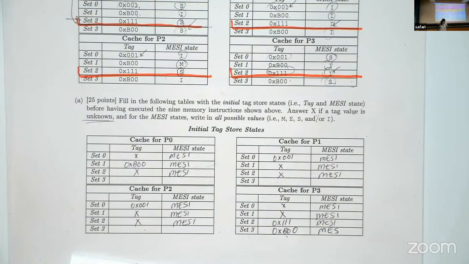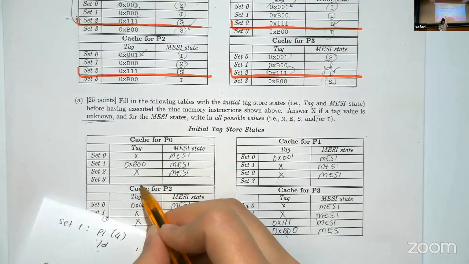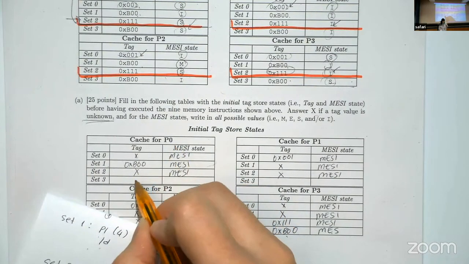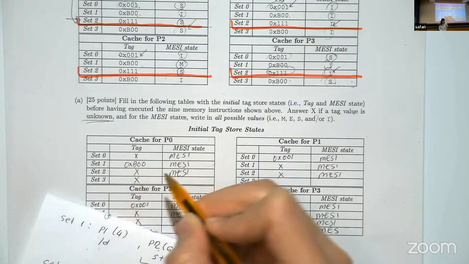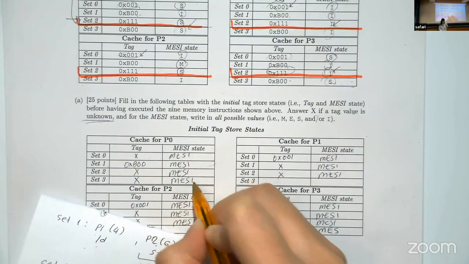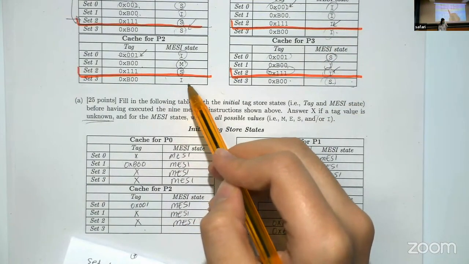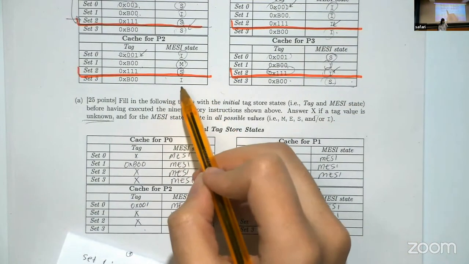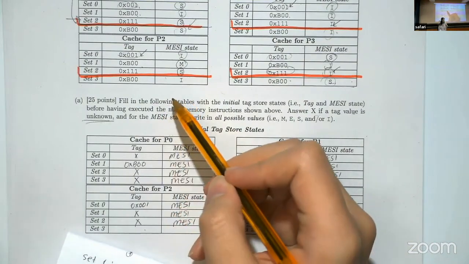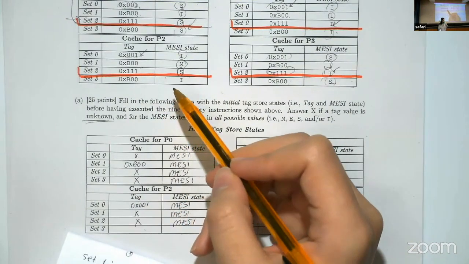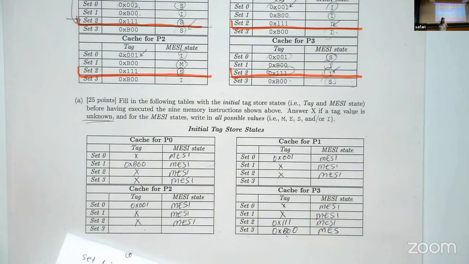Okay, and basically this one is the easy one because we load it to this cache, and we don't know what the tag was before, and we don't know the states. But the other two are basically the same state, right? Can you guess what was their initial state and tags?